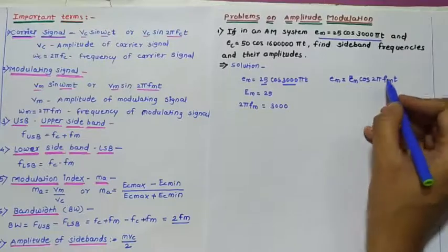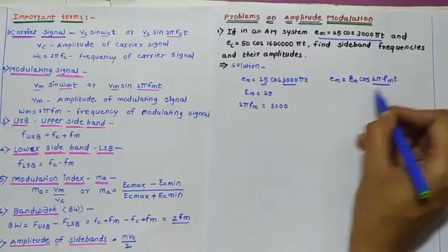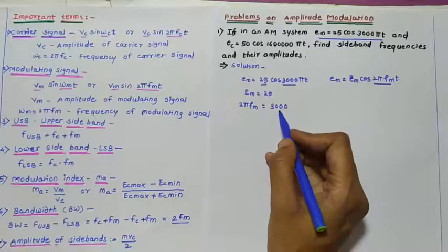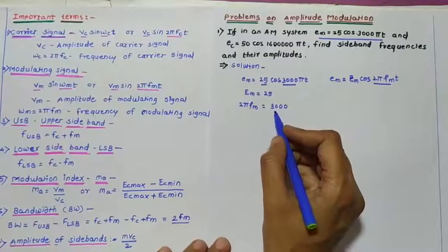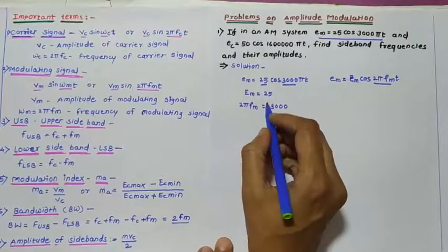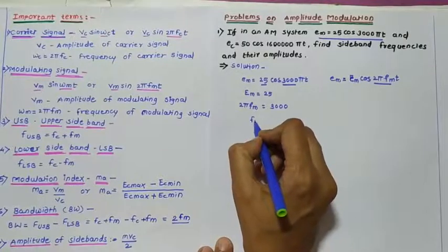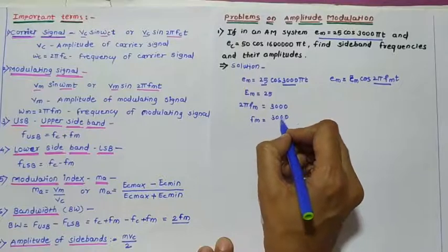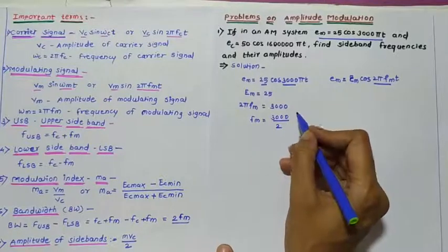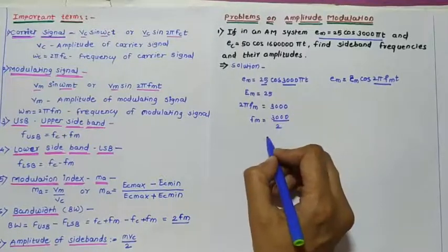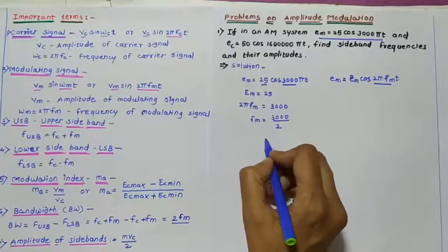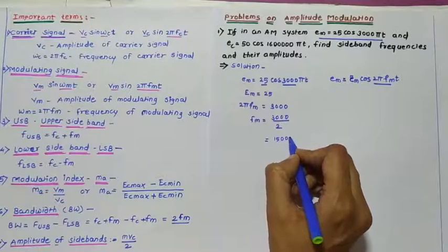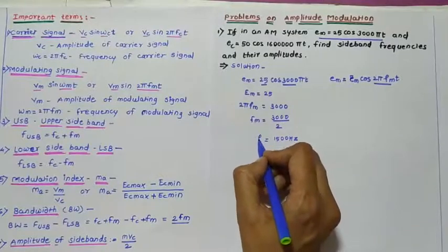From this equation, 2 pi fm is 3000. But we have to find out only fm, so fm is equal to 3000 divided by 2. So we'll get the value of fm as 1500 hertz. Okay, students?